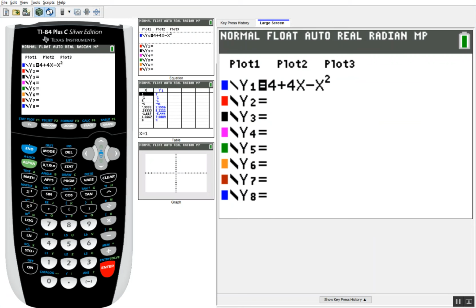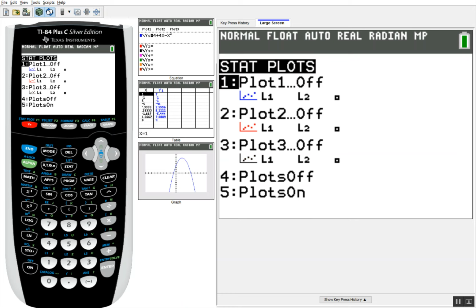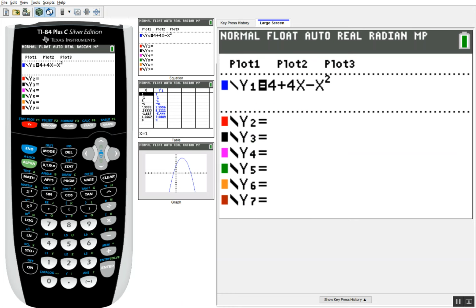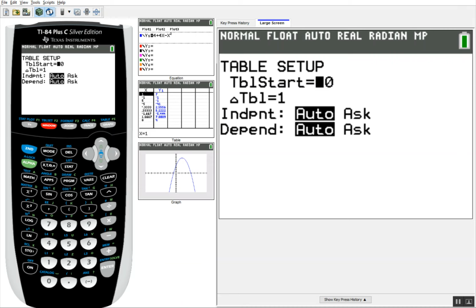So the first thing you want to do, let's do this again. We were on this screen, and I hit second and then this window button, and notice that in blue above window it says table set. So this sets up our table.